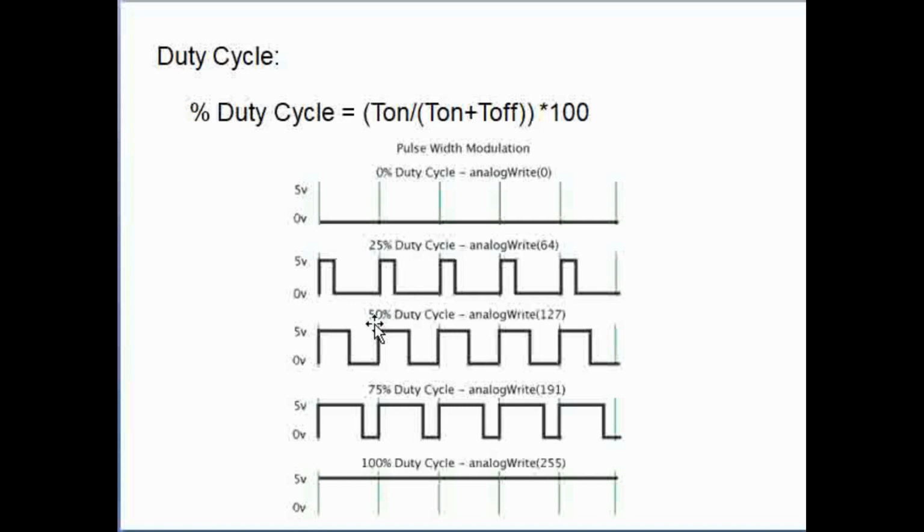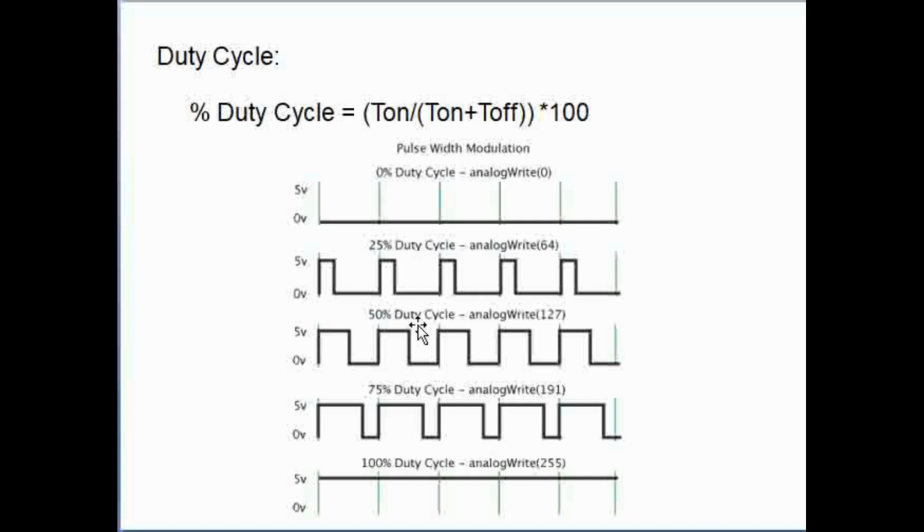So when you want to control a specific interface with the PWM, if you want to give more power, you go on increasing the duty cycle, so that if it is 100%, that means continuously you are powering up the device that is connected.